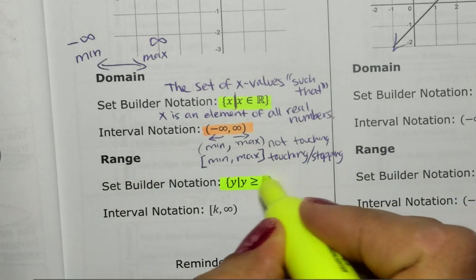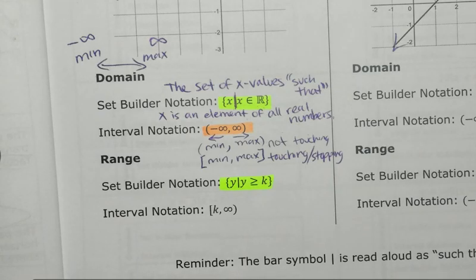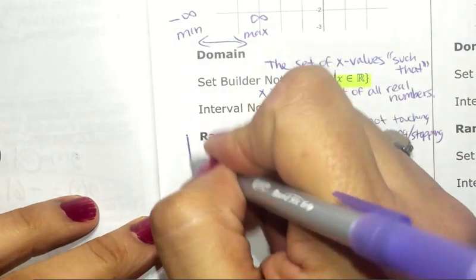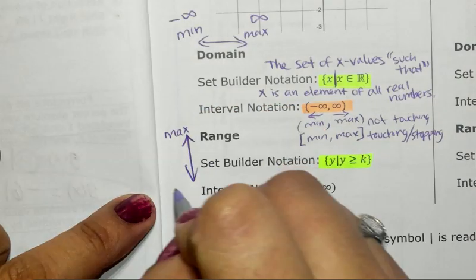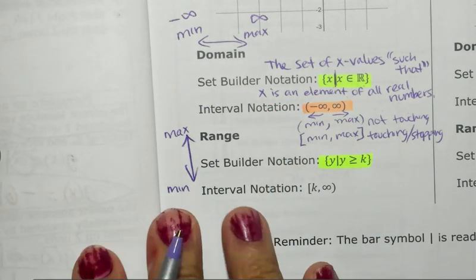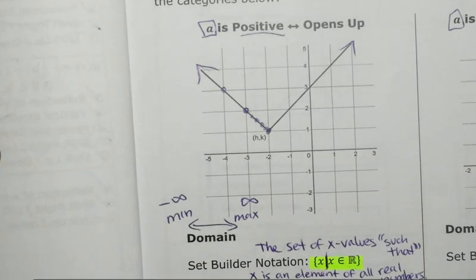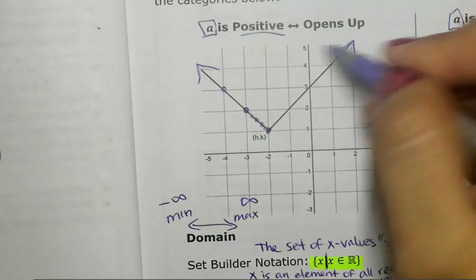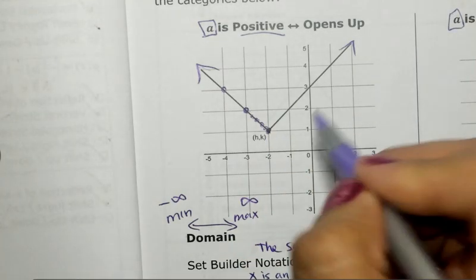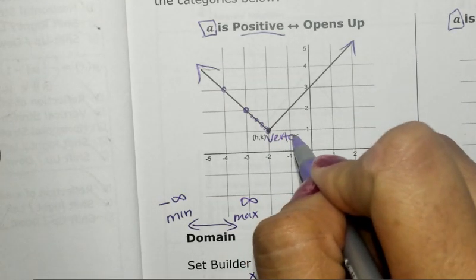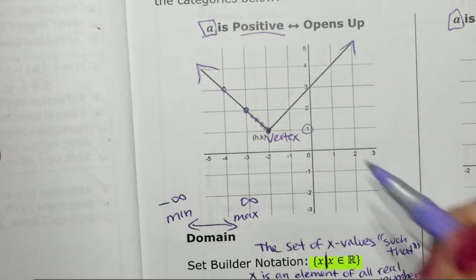For the range, this is the set builder notation for the range for this graph right here. Remember, domain is left to right, range is up and down. We're looking at the maximum value being on top and the minimum being on the bottom. So if we look at this graph, we know up is going forever and down, this vertex tells us the lowest point that it's going.